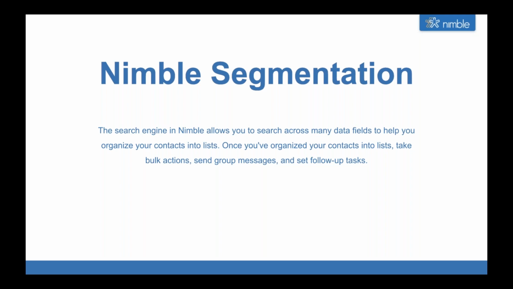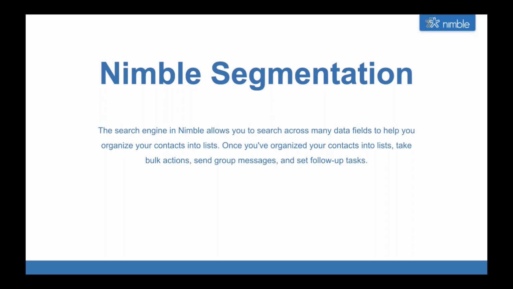So after you register for Nimble, the first step is to bring all the data in, organize it, and then you might want to do something. So you might want to reach out to specific groups of people. You might want to pull up a specific group of people and mark them as important, or create tasks to remind yourself to follow up with them.